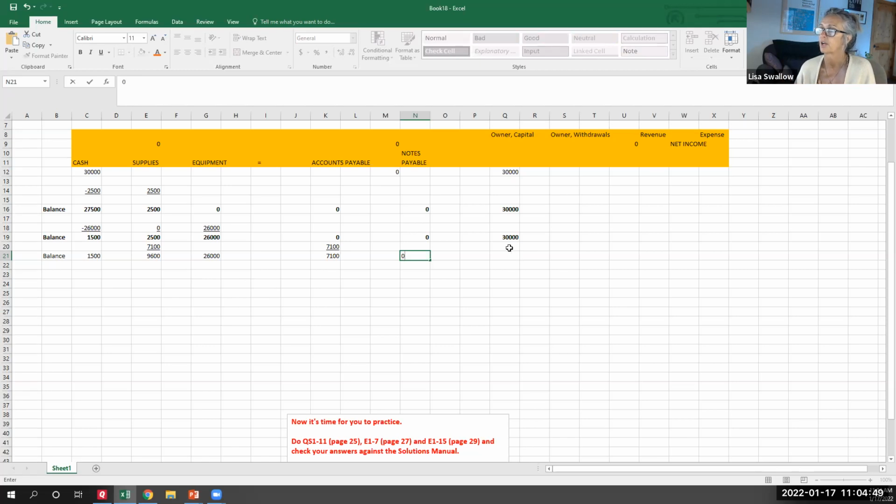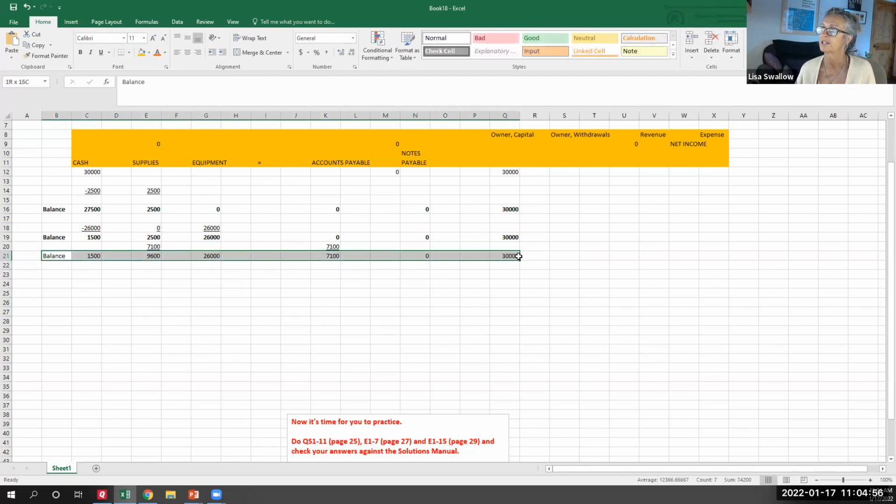And of course, I've still got my 30,000 over here. So let's do a quick balance here. Take a moment, add up your assets, and make sure that that still equals your liabilities plus your owner's equity. So do that, please, and make sure.